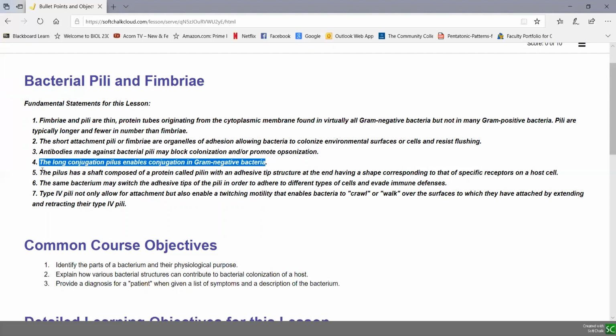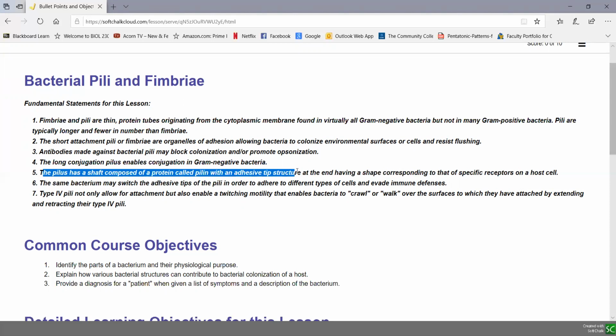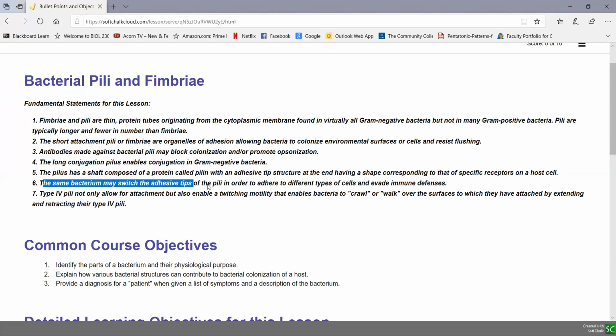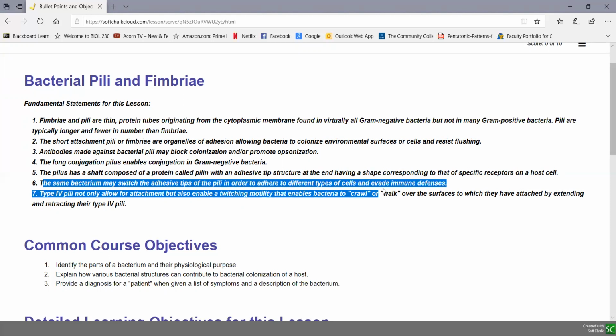The pilus has a shaft composed of a protein called pilin with an adhesive tip structure at the end that has a shape that corresponds to specific receptors on host cells. The same bacteria may switch the adhesive tips of pili in order to adhere to different types of cells and to evade immune defenses.